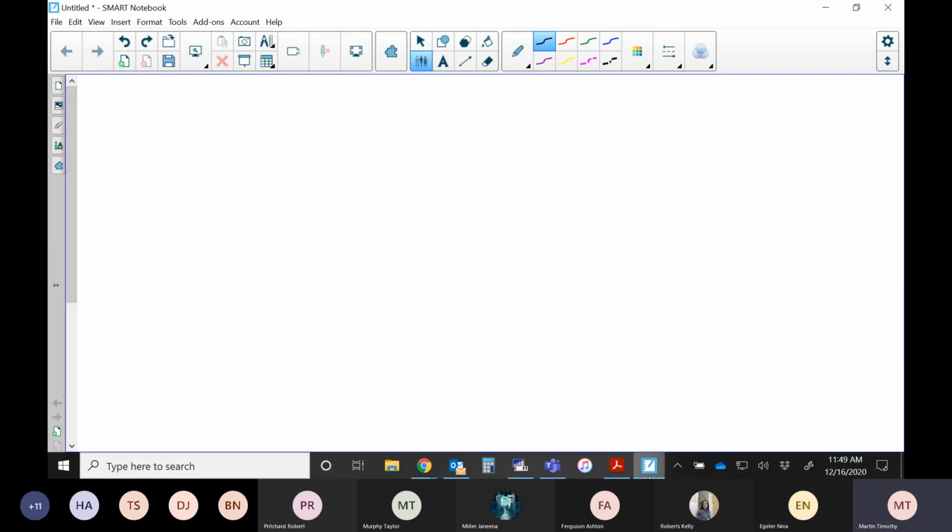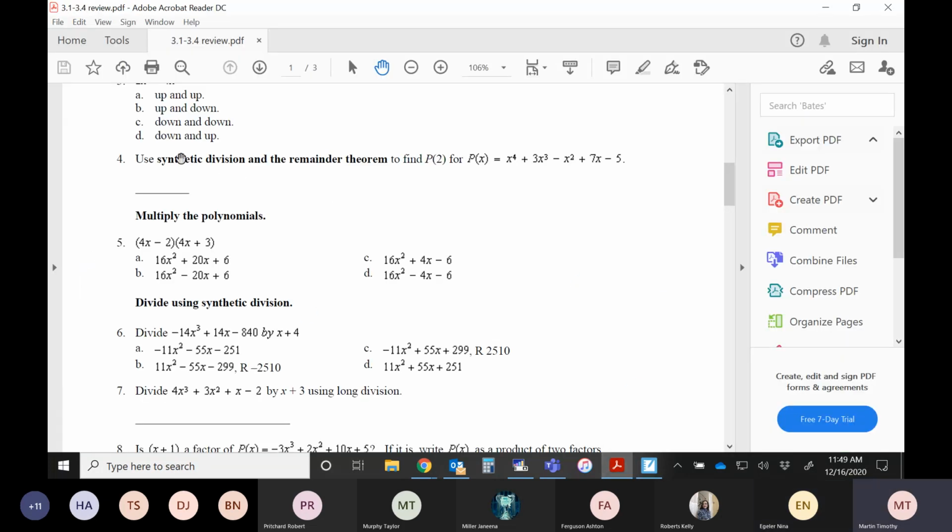Nina, do you remember what the remainder theorem states? Because if you don't know that, it's going to be hard to use synthetic division. I do, but I can't remember right now. Okay, so this is telling me what my x is, right? So technically I'm supposed to take this 2 and plug it in for all these x's over here.